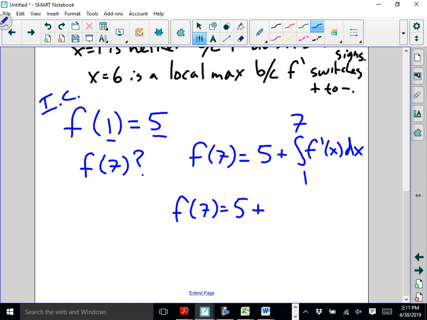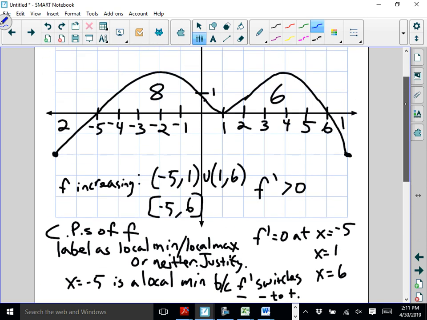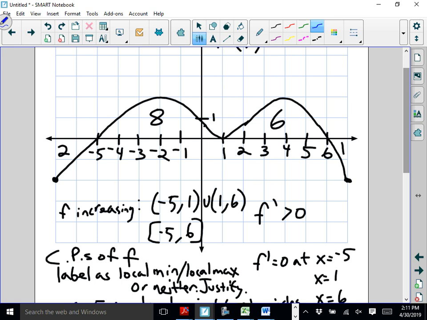Well, the integral from 1 to 7 is going to be, we have this area of 6 and we have this area of 1. What we need to remember is that this area of 1 is actually going to count as -1 because it's below the axis, whereas this is going to count as a positive 6. So the integral from 1 to 7 would be 6 minus 1, which would be 5.